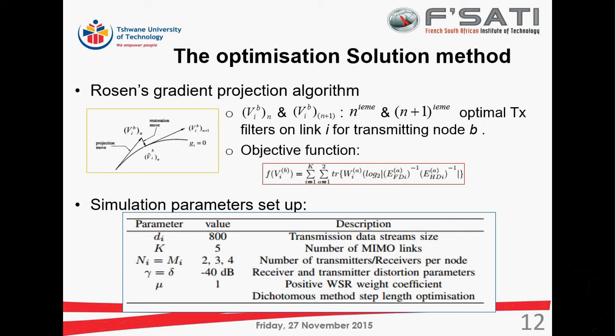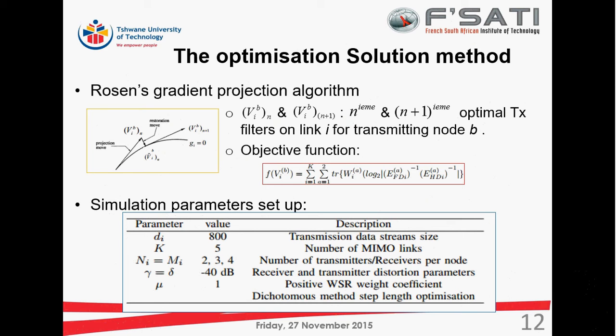When it comes to simulation parameter setups, we decided to use 800 bytes for the transmission data stream size, and up to 5 MIMO links, good enough, with 2, then 3, then 4 transmitters and receivers per node.